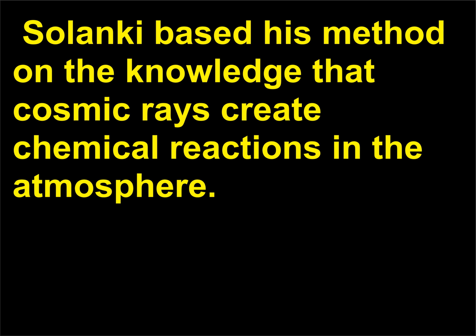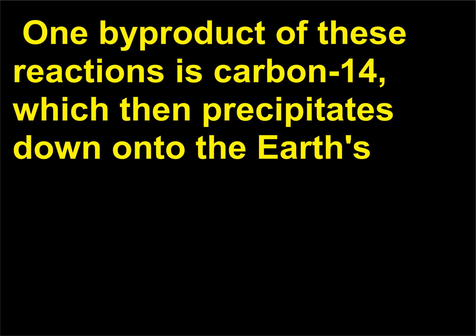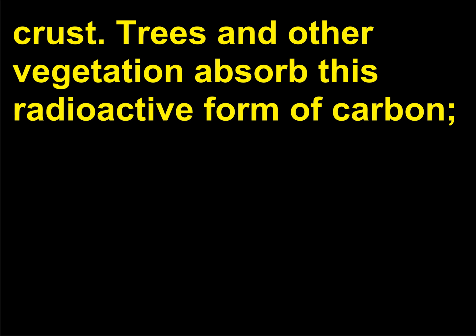Solanki based his method on the knowledge that cosmic rays create chemical reactions in the atmosphere. One byproduct of these reactions is carbon-14, which then precipitates down onto the Earth's crust. Trees and other vegetation absorb this radioactive form of carbon.